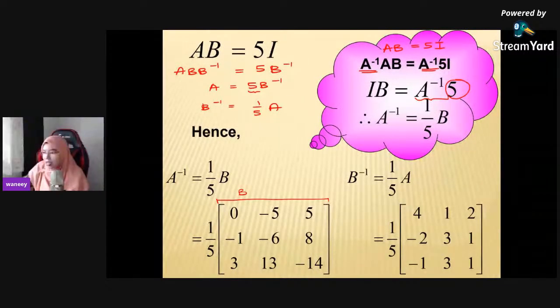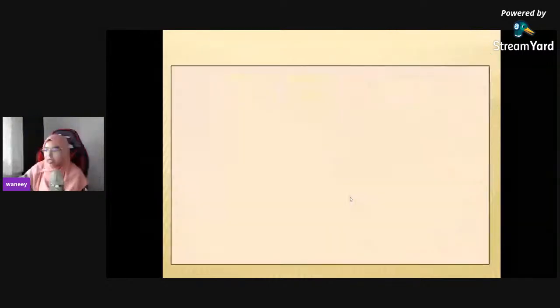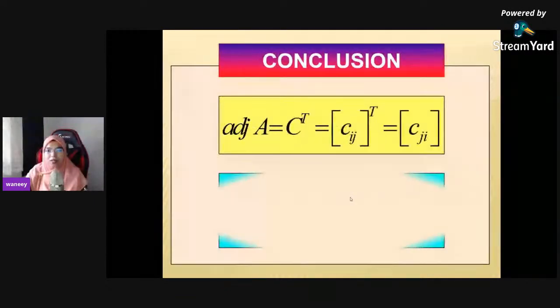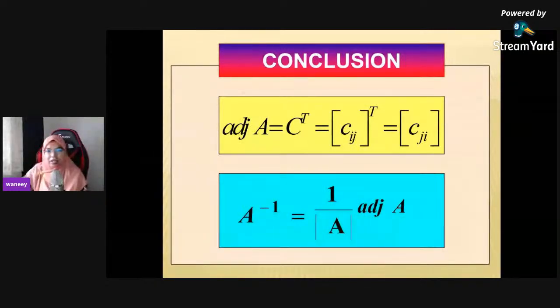Okay, so that's it for this lecture. We have finished how to calculate the inverse using the first method, the adjoint method, where we calculate the cofactor, take the transpose of the cofactor to get the adjoint, and then multiply with 1 over the determinant of A. So A inverse is 1 over determinant of A times the adjoint of A. I should remind you once more: if the determinant is equal to 0, there is no inverse.